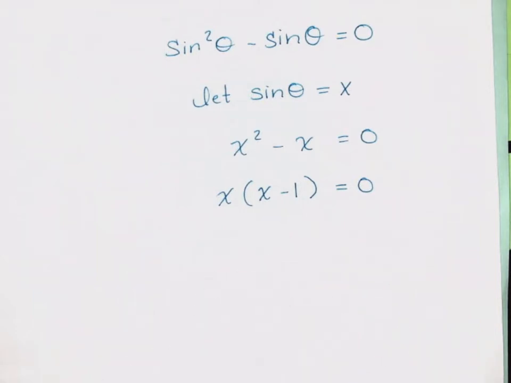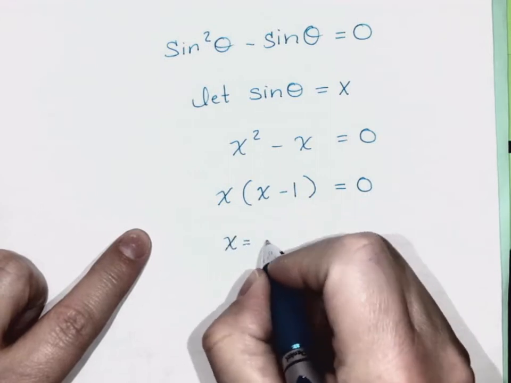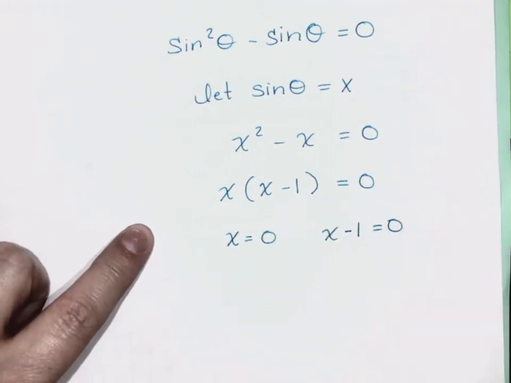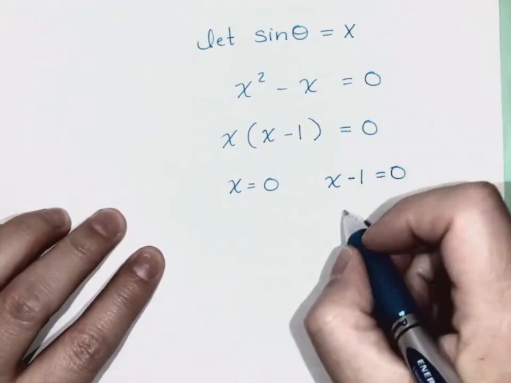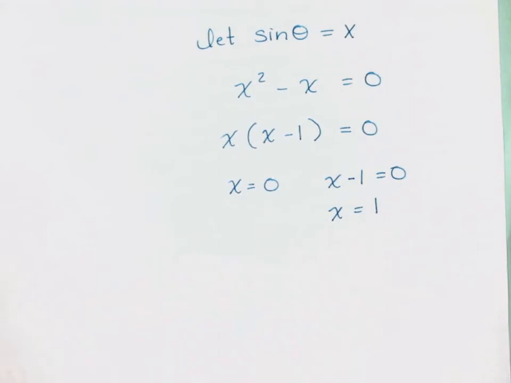So how do we solve for this? What do we do now? We set each factor equal to 0. So we're going to have x equals 0, and we're going to have x minus 1 equals 0. So this will be x equals 1, right? Everybody there? Now we're going to sub back in.